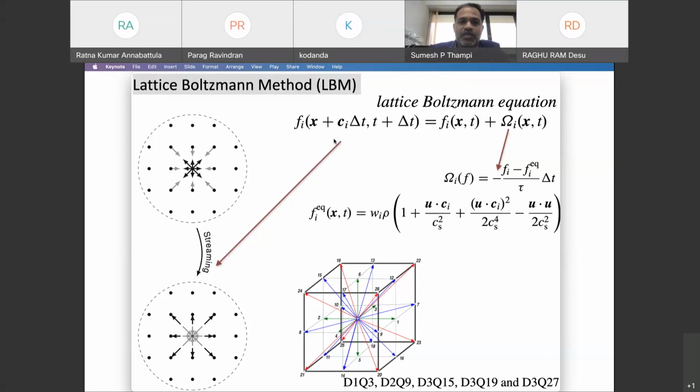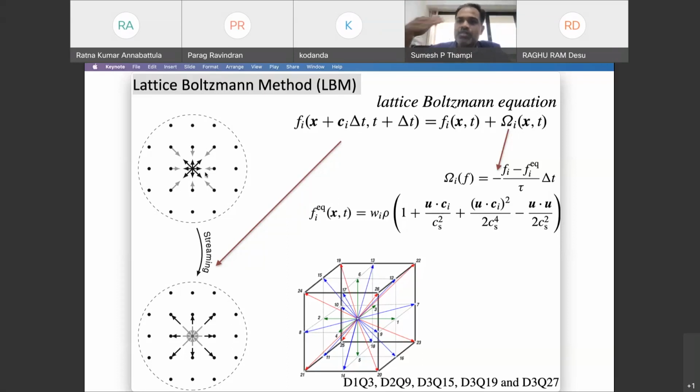In terms of actual coding or implementation, you can forget about all the theory that I spoke about. There are just two steps one needs to do. One is called the streaming step, in which you define the distribution function at every point and move them in various directions. In the second step, you get them relaxed, and again move and relax.